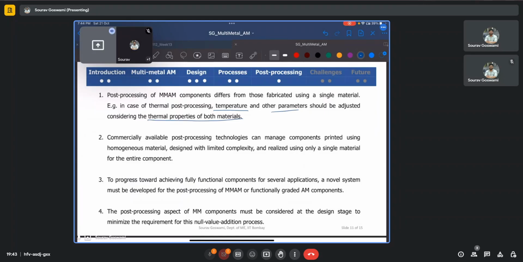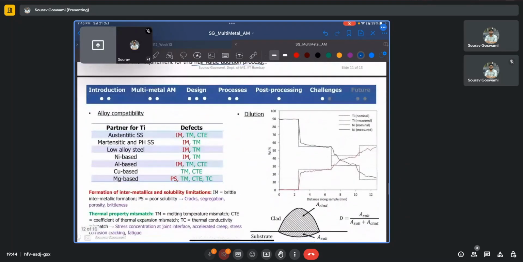Again, the commercially available post-processing technologies can manage components printed using homogeneous material designed with limited complexity and realized only using a single material for the entire component. For fully functional parts, a novel system has to be developed for post-processing, and these aspects must be considered at the design stage itself to minimize the requirement for this non-value addition process.